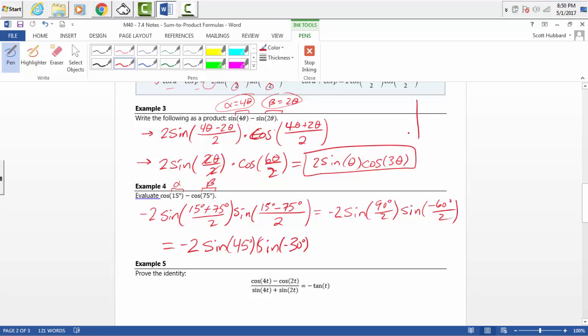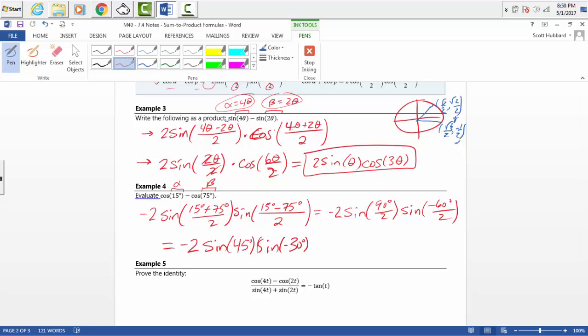Okay, and then you just draw your unit circle here, and you know that 45 degrees is right here, so that's √2 over 2. We want the y value. And -30 is down here. It's the smaller angle, and so that's -1/2, √3 over 2. But I just care about the y value right there.